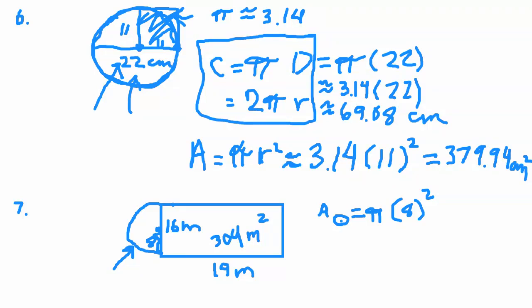So we're going to need to do the area of the semicircle. We're going to do it with the approximation, 3.14, I'll make it a squiggly for the approximately, times 8 squared, which is 64. And we have to cut that in half now because we only have half a circle there.